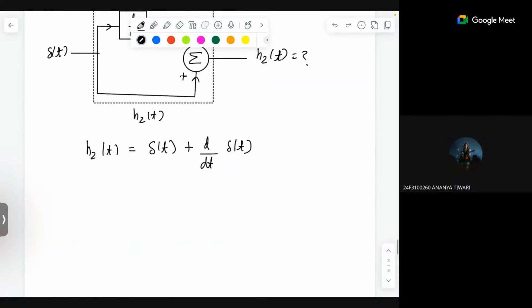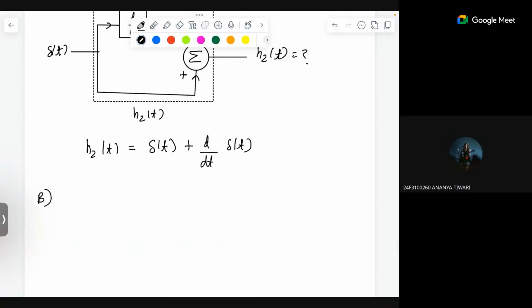Now second part. You have to determine the overall impulse response of the system. Overall impulse response, and I will call it h(t). So you have to determine h(t).